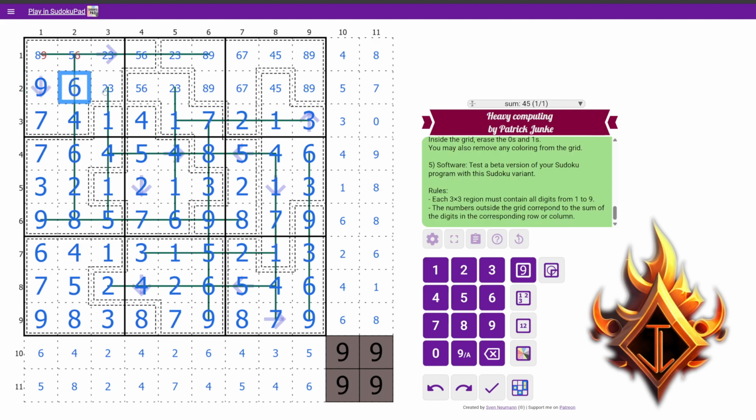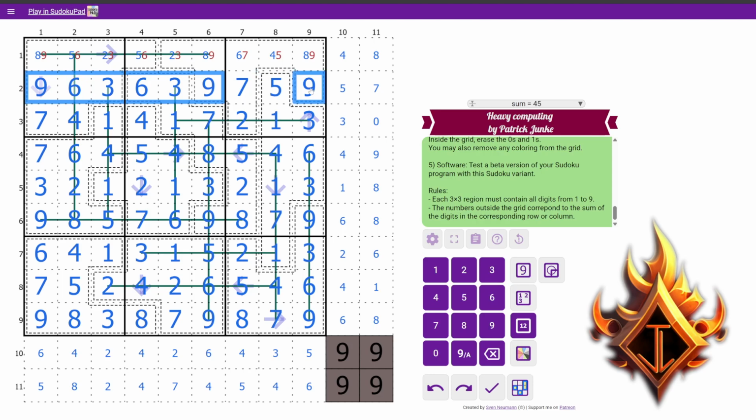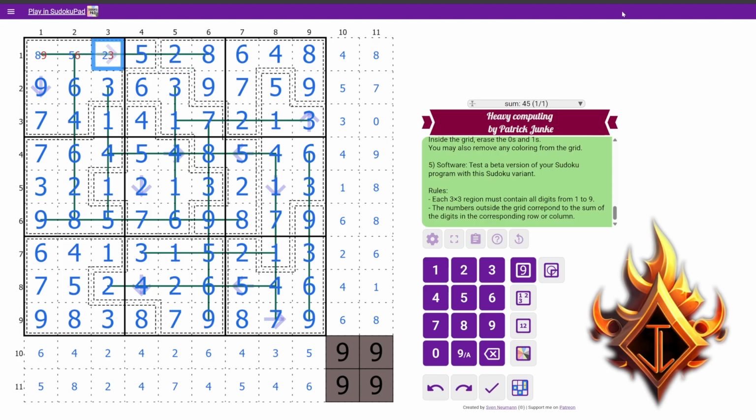So that is 9, 6, 3, 6, 3, whoops, 9, 7, 5, 9. So that, just to make sure, is 21. No, I'll do it from this side. 18 times 2 is 36. 45 and 12 is 57. Alright, and I think that we just plug in the rest along the top, and we should be good.